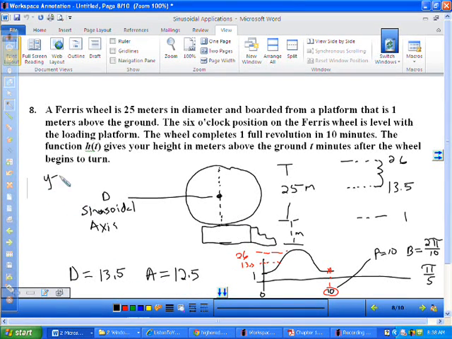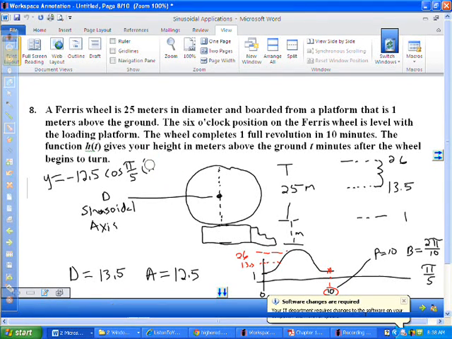Y is equal to what? Now, is it 12.5 or negative 12.5? It's negative. Look, the cosine is a negative cosine. So it's negative 12.5, right? Cosine of pi over 5. And then we got x.